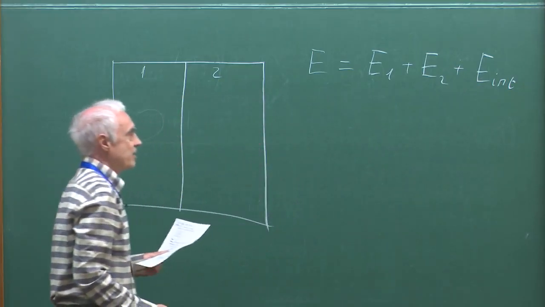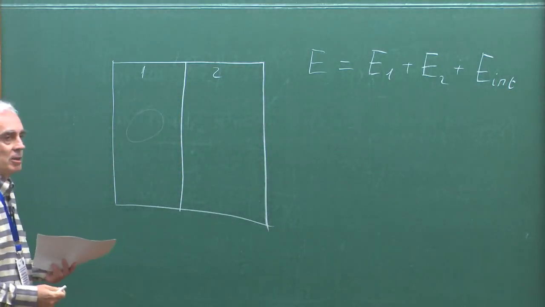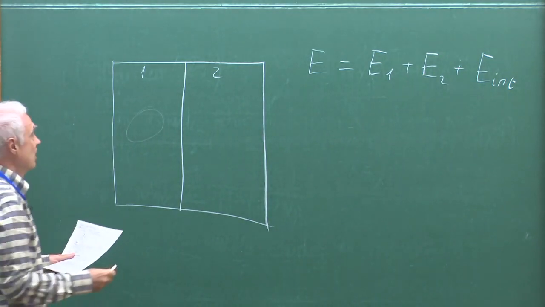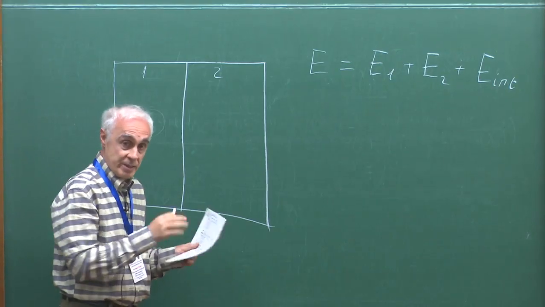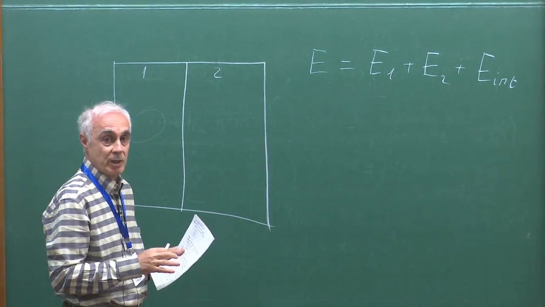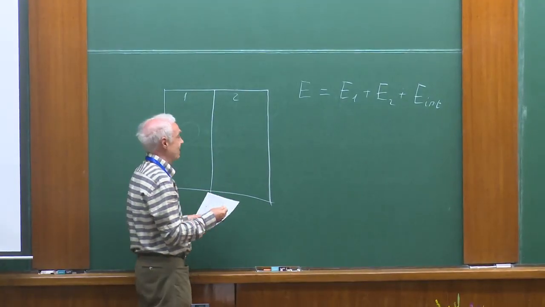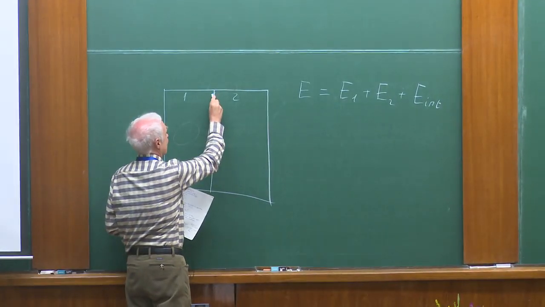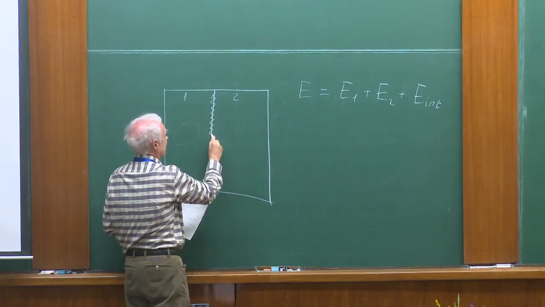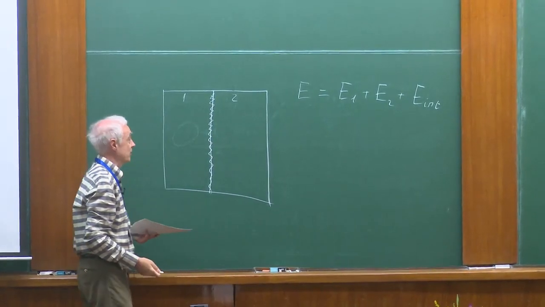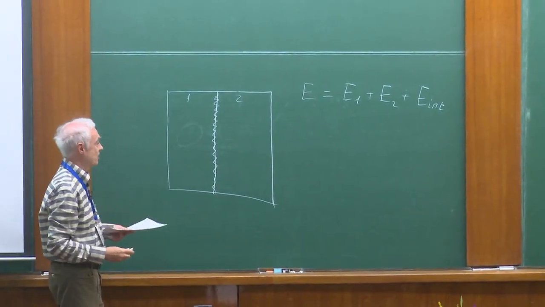But now the point is the following. What does E interaction come from? Since we are talking, at the beginning, about an additive system, that means a short-range system, and practically they are synonymous, E interaction comes only from the particles which are near the edges of the separation.